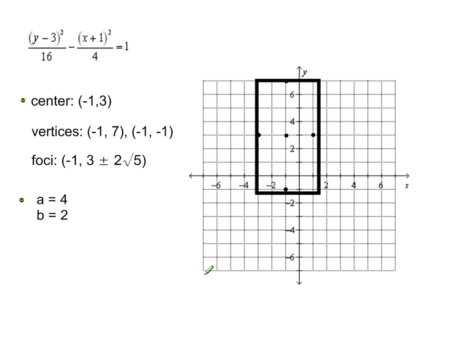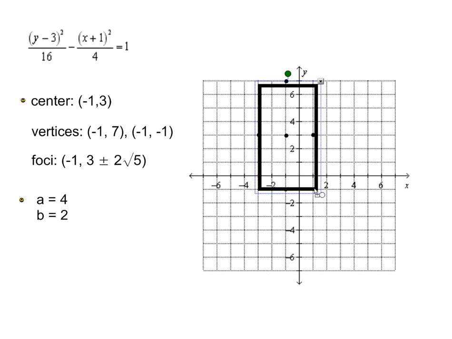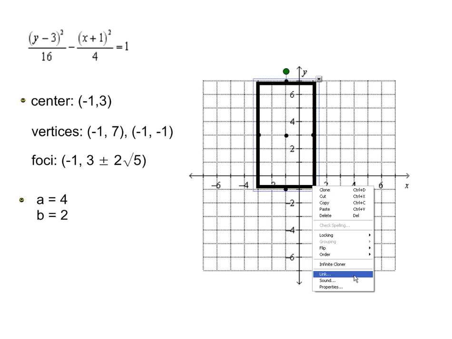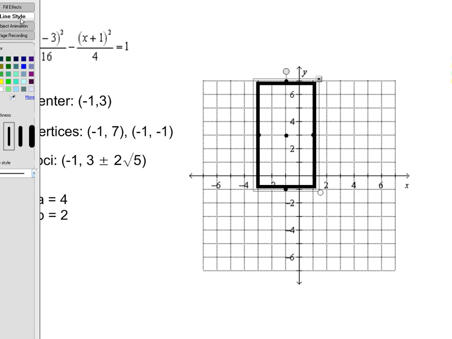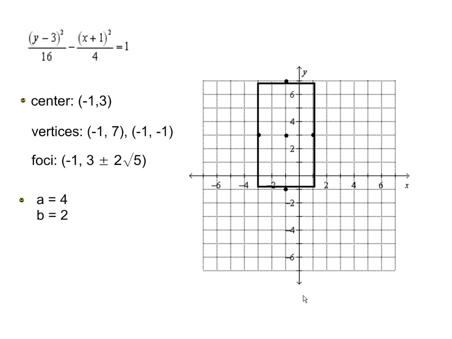Except my rectangle's kind of bad there. Let me make it a little bit smaller so it passes through. Alright, here we are. So there's a rectangle that's going to help us sketch it. Remember, our hyperbola is opening up and down because y is positive. Last thing, all we have to do is sketch the asymptotes.